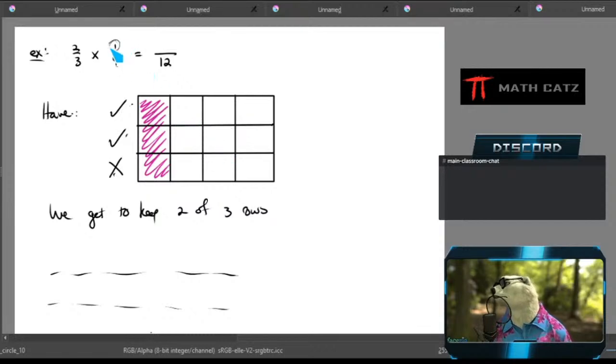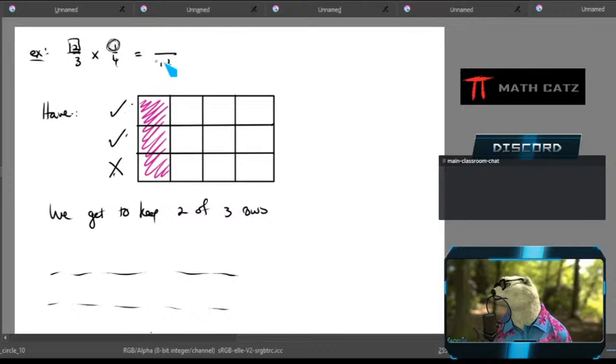Whatever this numerator is for the second number, the number that I have, the pink one, I would have that many columns, right? 1, and I have 1 column. 2, and I would have 2 columns. 3, and I would have 3 columns. I then take this many rows, which means I multiply the number of columns by 2 in this case. It's going to be the product of these two.